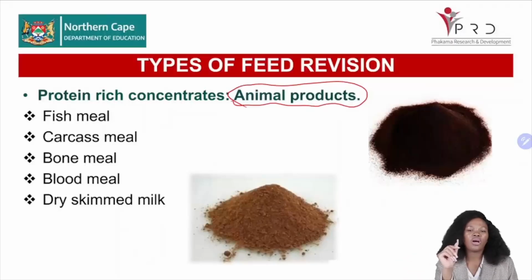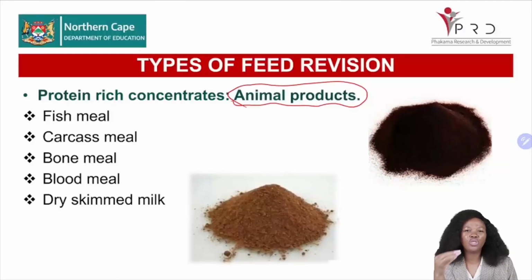Now, the concentrates that come from animal products have more proteins than the proteins that come from plant products. Meaning, animal products have protein of more biological value than products that come from plants.